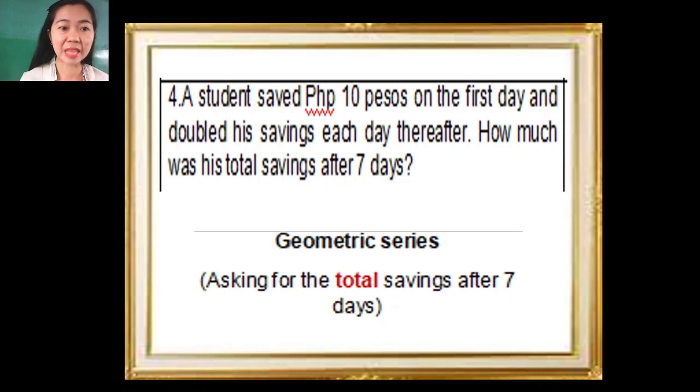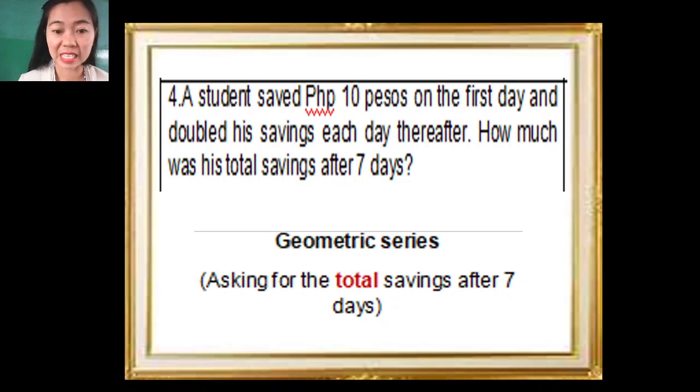I hope these 4 problems are clear to you on how you're going to determine if the problem is an arithmetic sequence, arithmetic series, geometric sequence, or geometric series. Again, a problem is a geometric series or an arithmetic series if you are asked to find the total, or the sum.